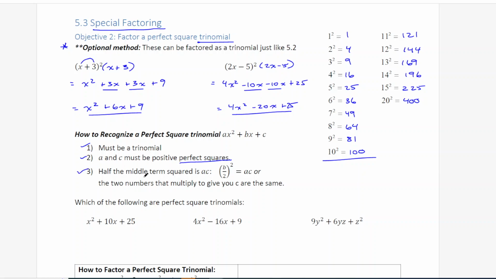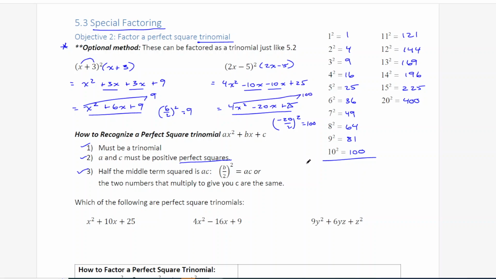If you were to take half the middle term and square it, you would get AC. So in other words, if I took half of 6 and I squared it, I get 9, which is AC. Same thing here, if I took half the middle term and I squared it, that would be 10 squared, which is 100. That's the same as AC.